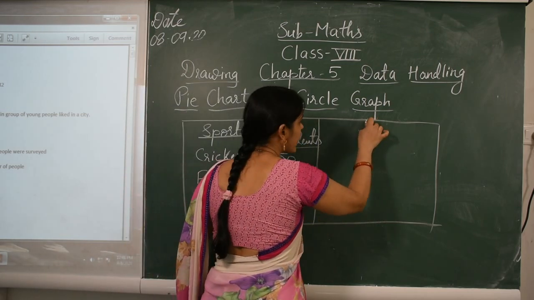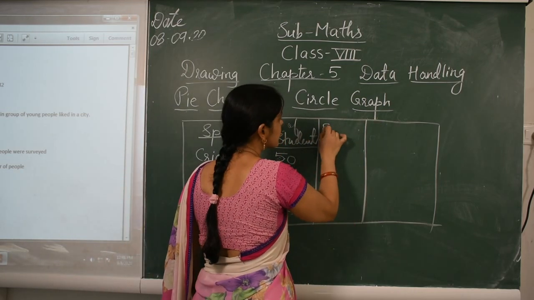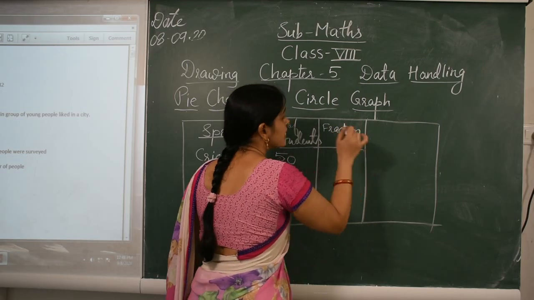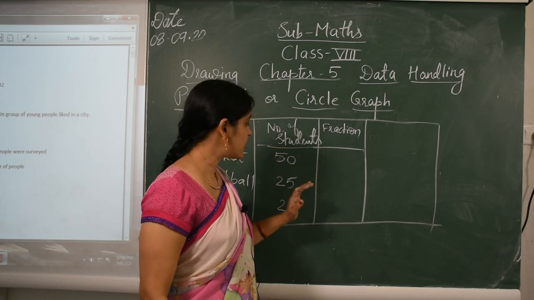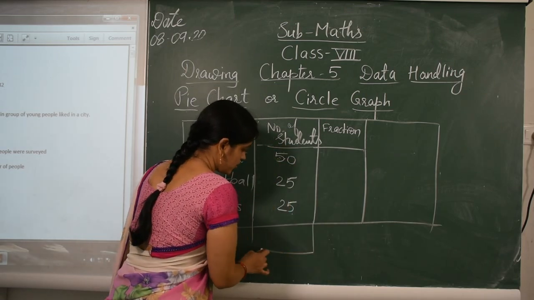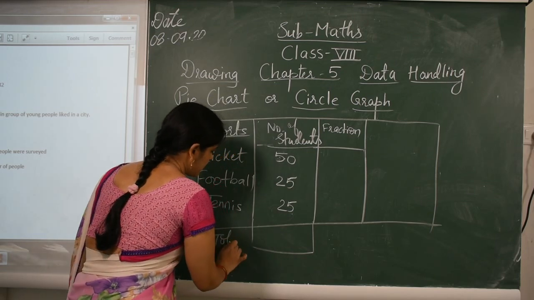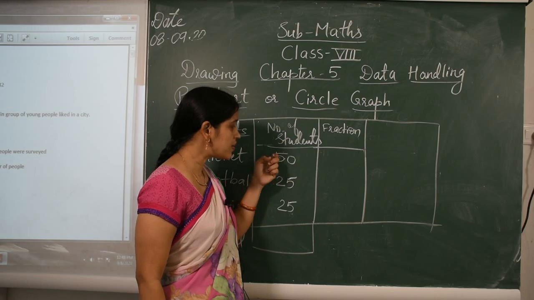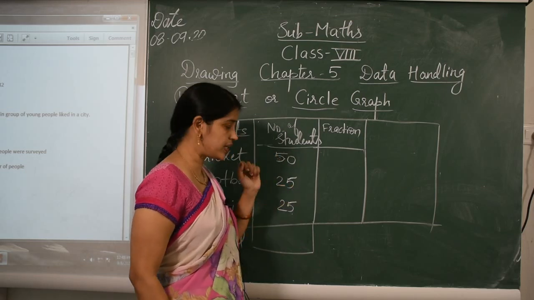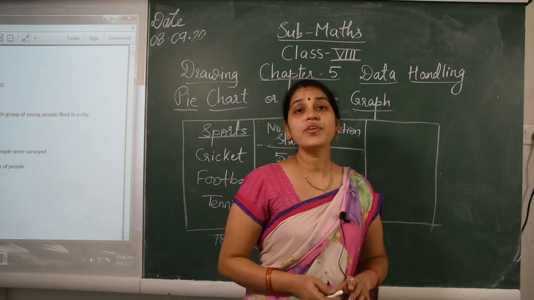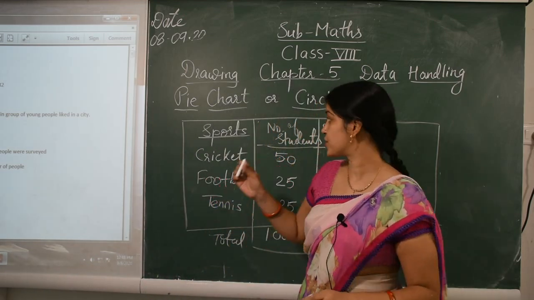The third column we have to find here, which is fraction. So what is fraction here? First you have to find the total of these numbers. Here the numbers are 50, 25 and 25, so total 100 students. Now we have to find its fraction.